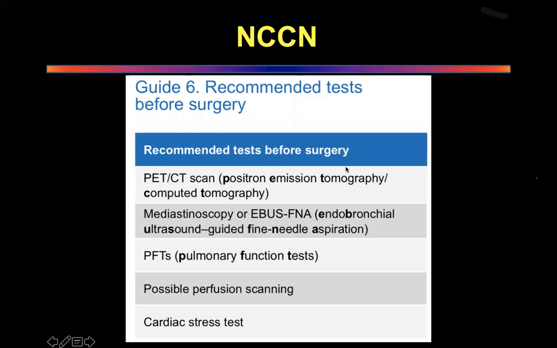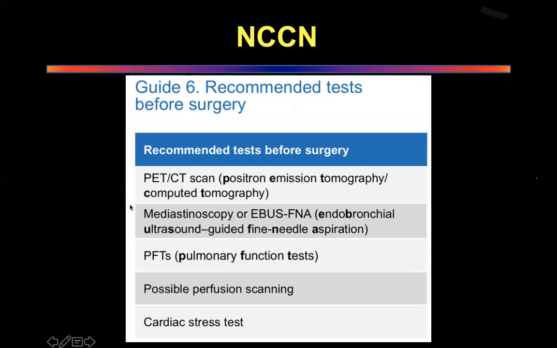So the recommended tests before surgery, according to NCCN, are number 1, a PET scan, because you do want to know the presence of distant metastases. That's quite important. It's not for the primary disease, but more so for the distant metastases.